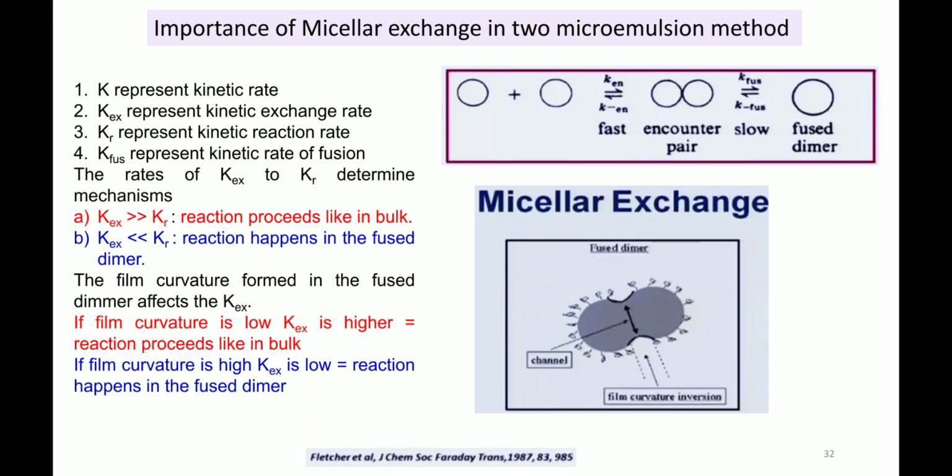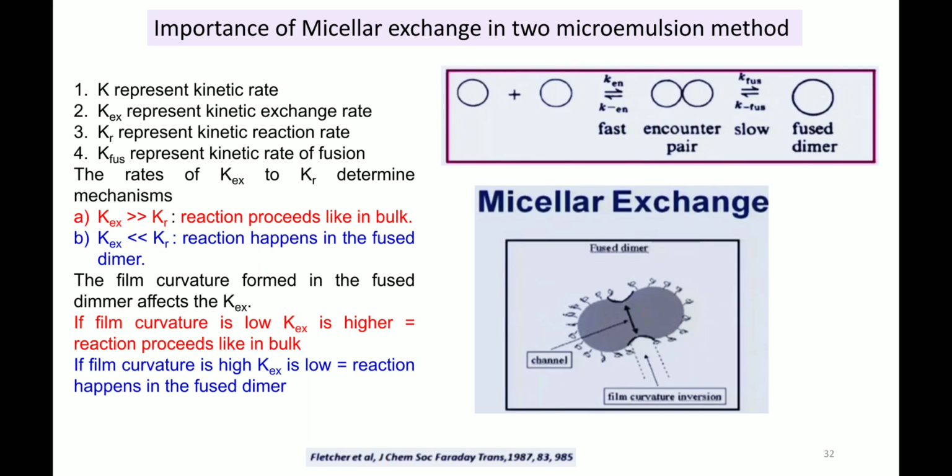That is very important because it is the process of formation of the nanoparticle. That gets controlled with this slow rate, and once the reaction is complete, the final product is in the form of a fused dimer.